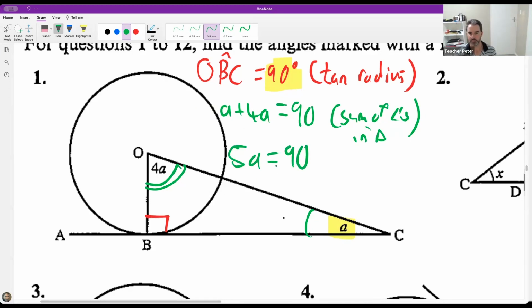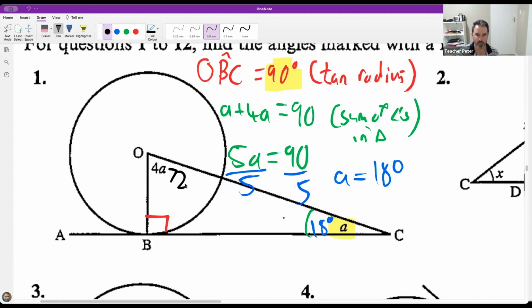We'd add them, we get 5A is equal to 90, and then we'd divide both sides by 5. So then A is equal to 18. Yeah. So A is 18, and then 4A would be 4 times 18, which would be 72. And that would make so much sense because 72 plus 18 is 90, and then together it's 180.